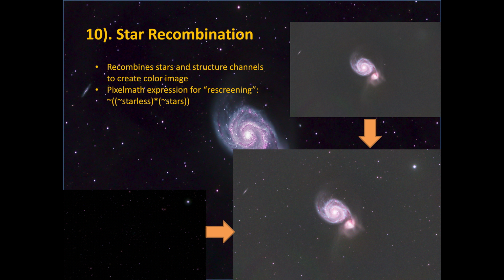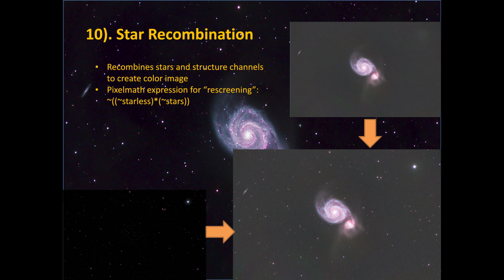So it's putting the stars back in exactly the same manner that they were removed, which helps preserve the color in the stars, as opposed to what I had been doing for quite a while, just taking the starless and adding the stars with just starless plus stars. I found you retain better color if you do the opposite expression of what Star Exterminator did. So you just do that right in pixel math.